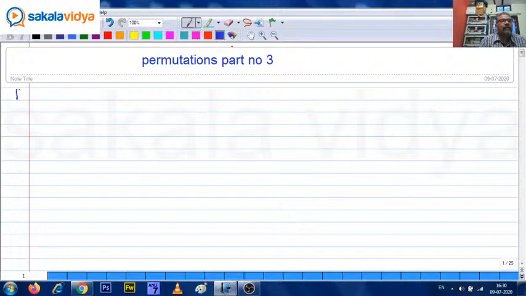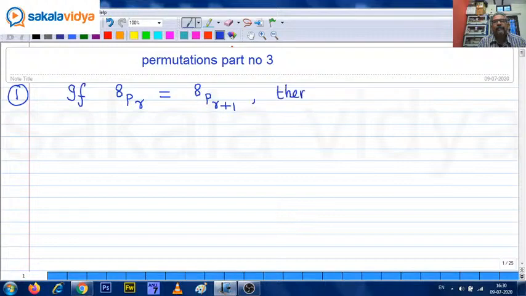First problem of the day on permutations. If 8Pr equals 8P(r+1), then the value of r is.